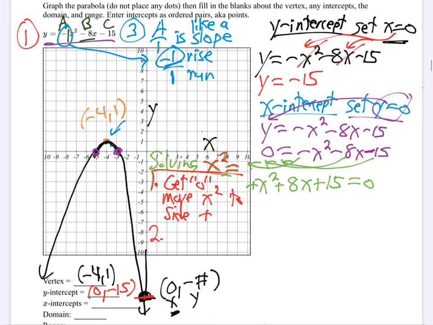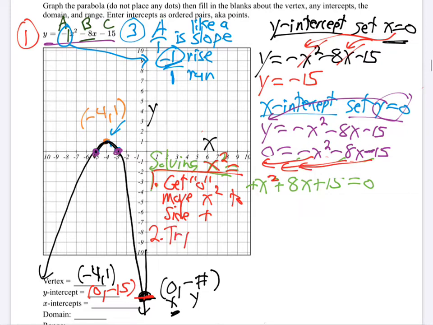So I had to jump it to the other side. Remember, when things jump to the other side of an equal sign, they change their signs, right? I really just added x squared to both sides and added 8x to both sides, etc. All right, so we got it. Let's keep going. So these three just jumped to the other side. They changed their signs.